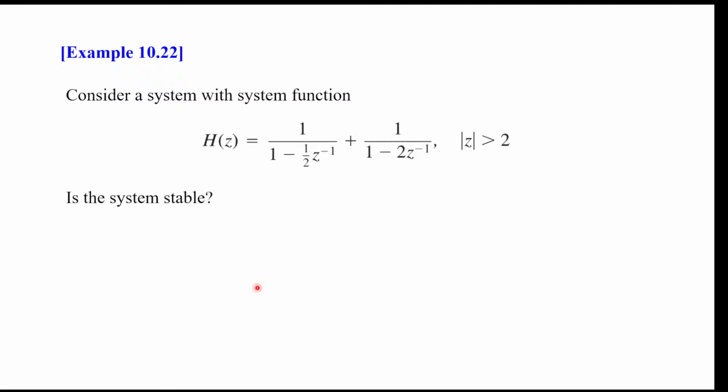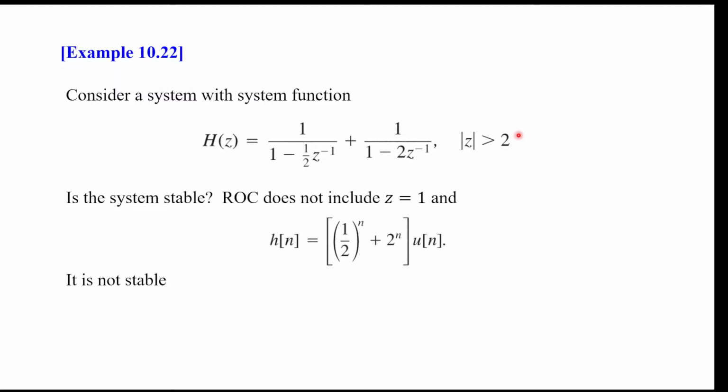So we know it's causal now, and now we ask you, is this stable? If you think it's stable, raise your hand. This should be a very fast calculation. And if you think it's not stable, raise your hand. Yeah, it's not stable because the ROC is z greater than 2, and z greater than 2 does not include the unit circle, |z| equal to 1.